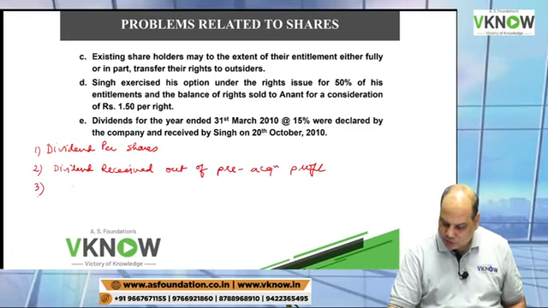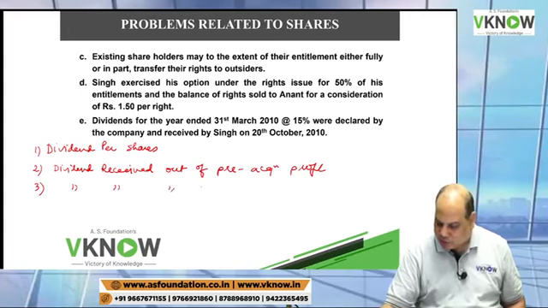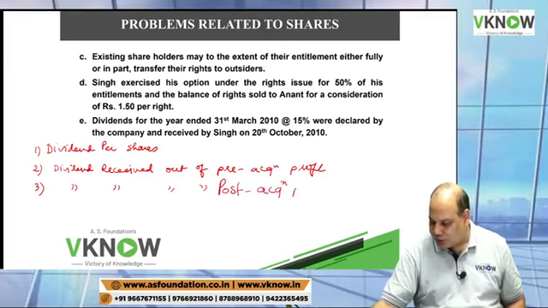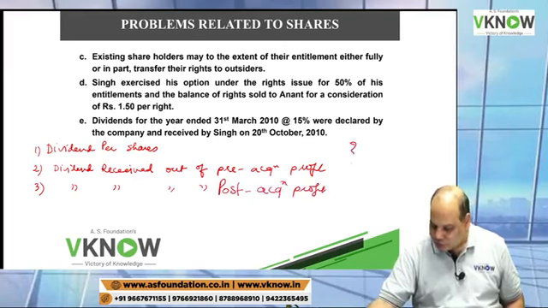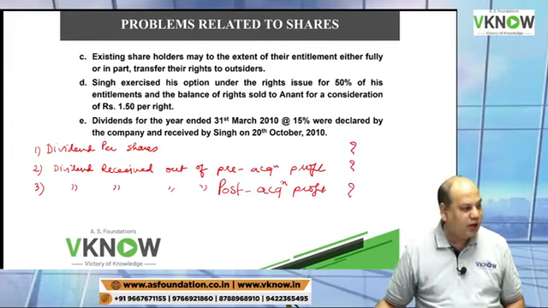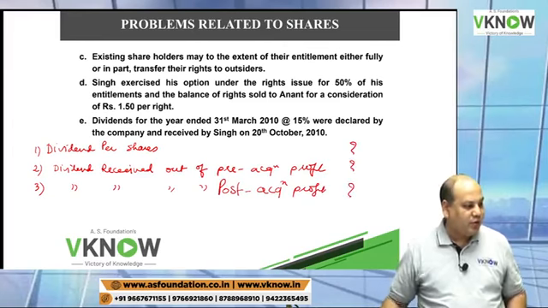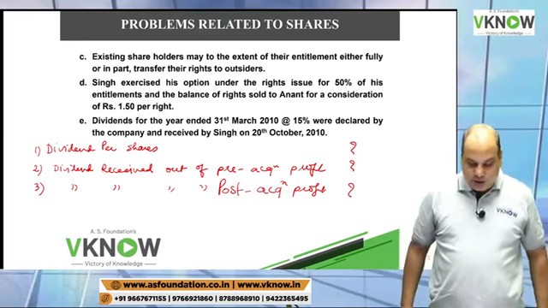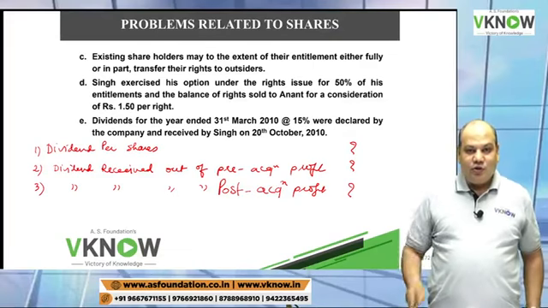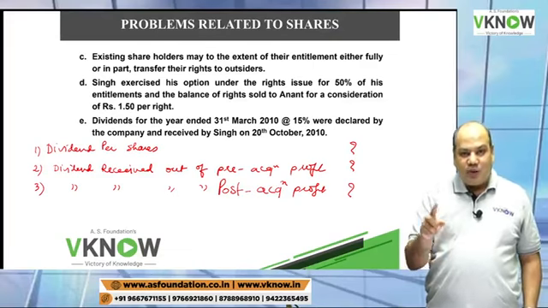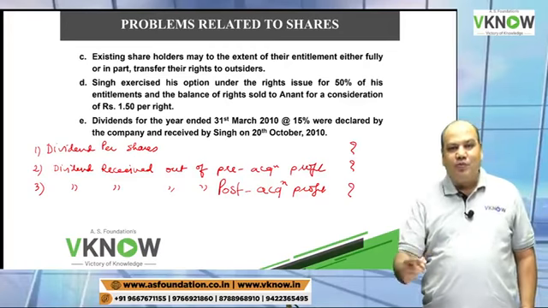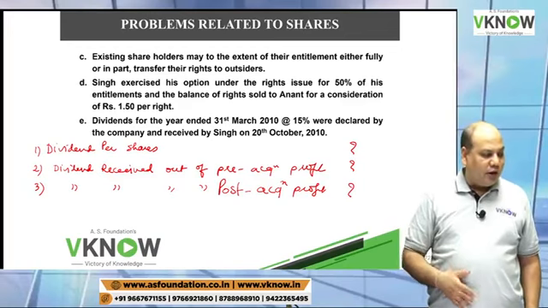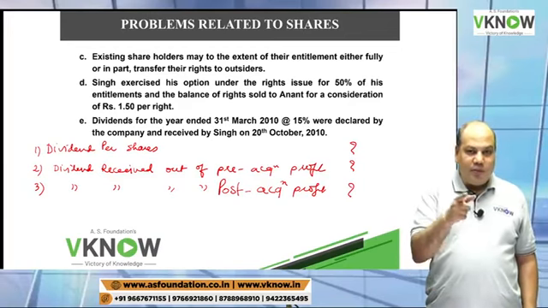My third question is, how much dividend was received out of post-acquisition profit? Answer the three questions in order. Do not give me any explanation. Just write down three numbers: dividend per share, dividend out of pre-acquisition profit, dividend out of post-acquisition profit. I want the answer in numbers.